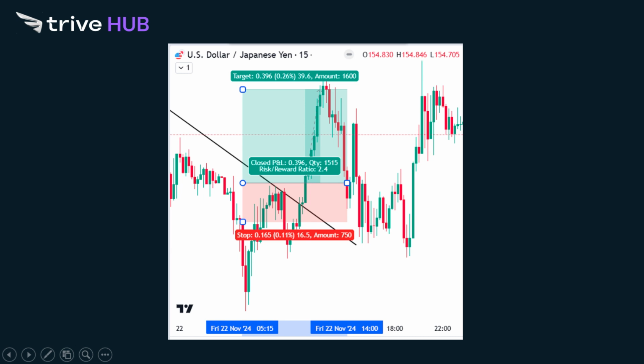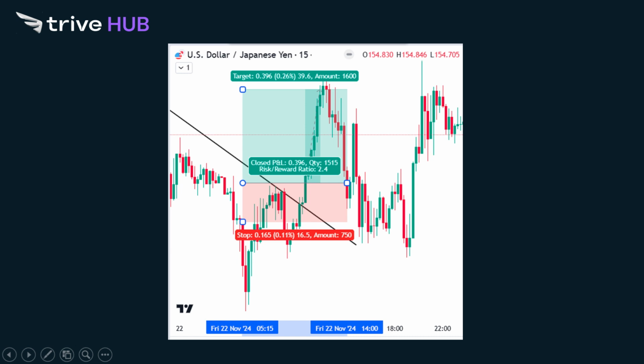This is an example of USD versus Japanese yen on a 15-minute chart. Here is our buy price. This was our entry, and we can set our target order at our desired level and set the stop loss level at our maximum risk level. If the market moves below this level, I am out with a stop loss of 160 pips.